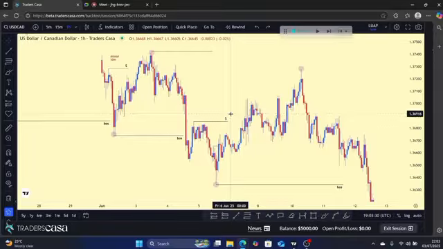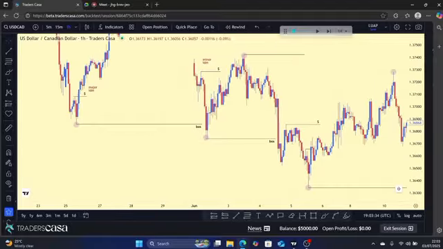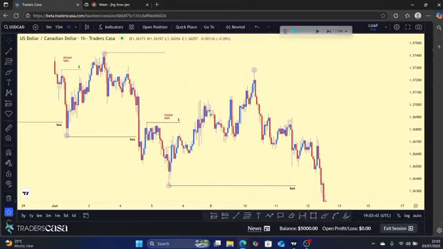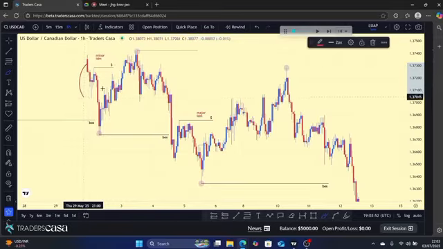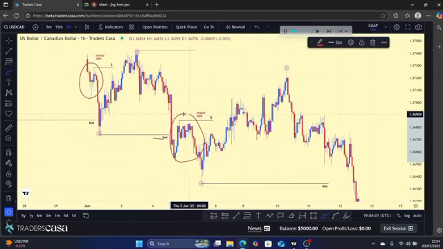And in this case, you will notice that this is different. You can see for this one here, this one occurred before the break of structure. You can clearly see that it occurred before the break of structure, but this one here was created after price has broken the structure.